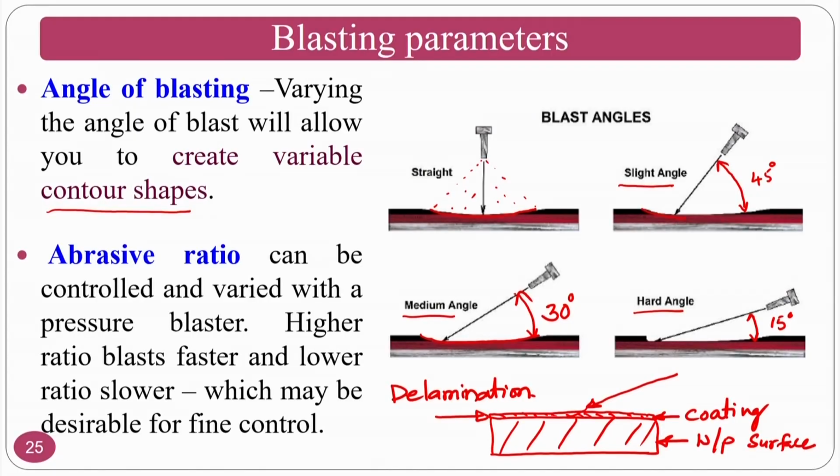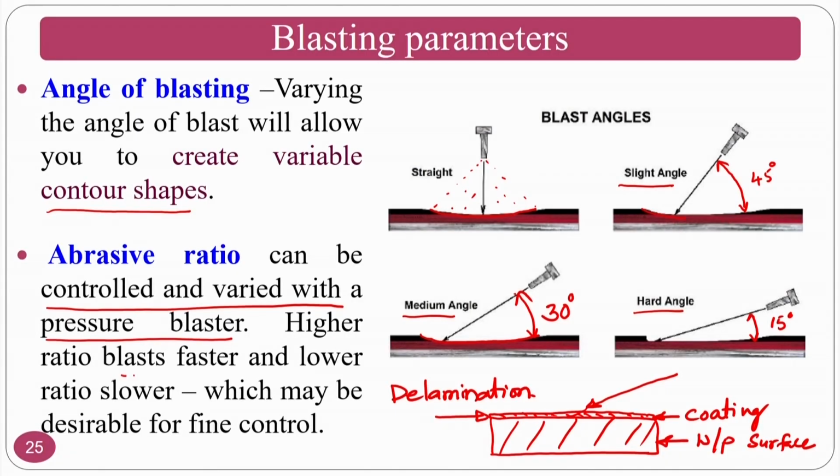So the abrasive ratio can be controlled and varied with the pressure blaster. That means whatever the pressure is, your abrasive ratio will depend on that. Abrasive ratio is normally the abrasive particles relative to the air that is flowing.